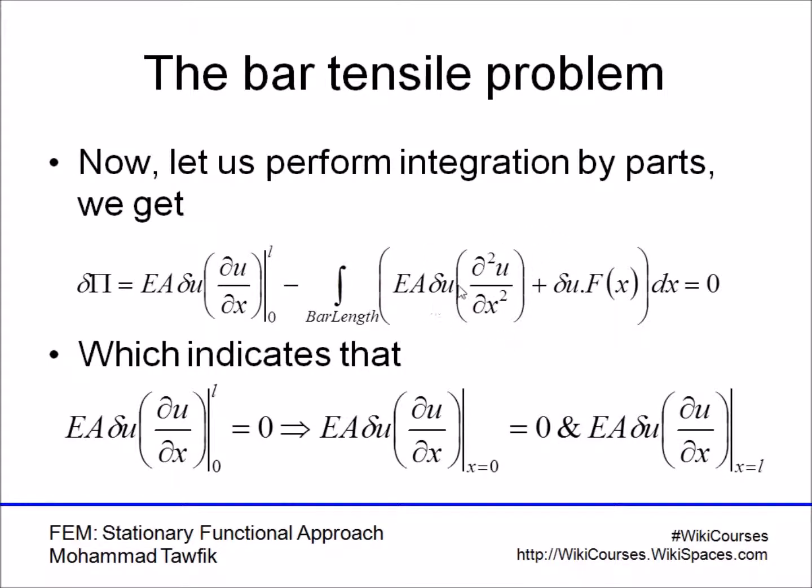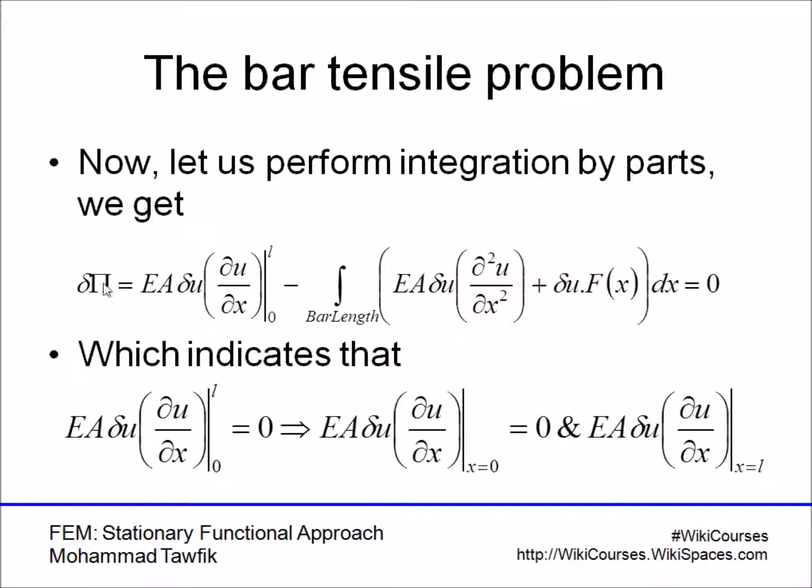So the integration by parts just moved the first derivative from one of the terms and moved it to the other. We used it here just to move it from the variation of u in order to have the variation of u explicitly available for us here to take it out as a common factor.